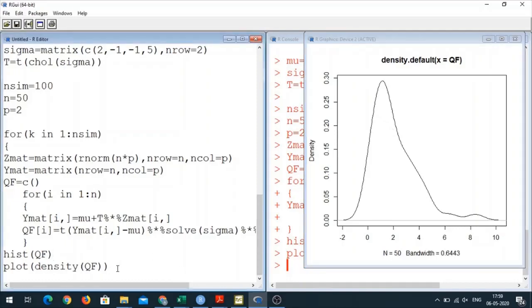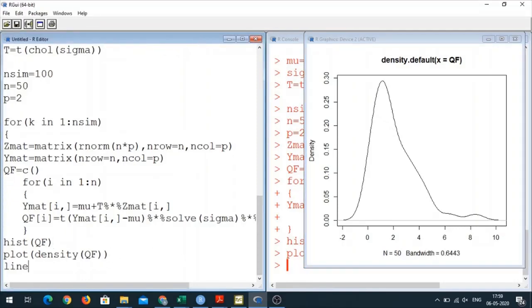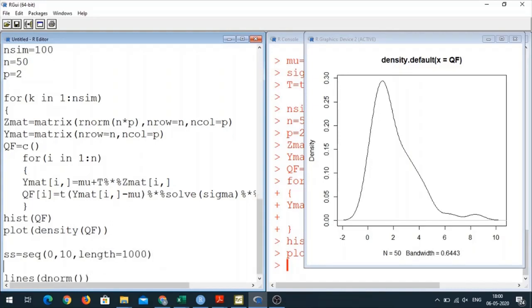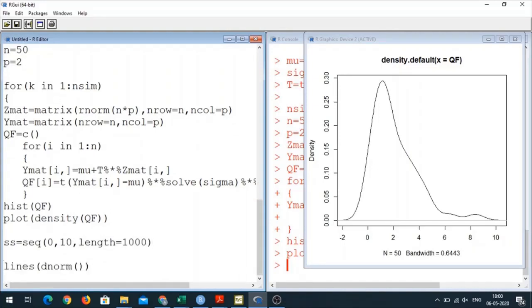If you are not sure, let us try to overlay the chi-square graph on it. So lines, we need the chi-square density. Ideally chi-square would start from 0 to 10. So let me take a sequence from 0 to 10, length equal to 1000, and we need to compute chi-square at this.